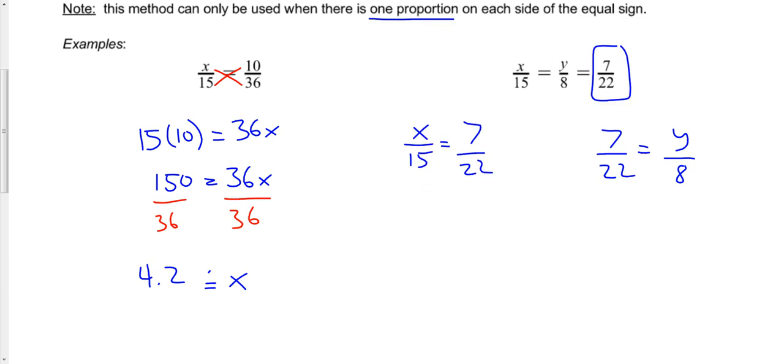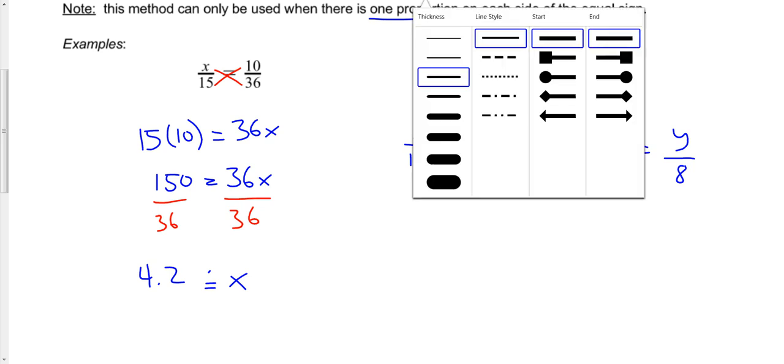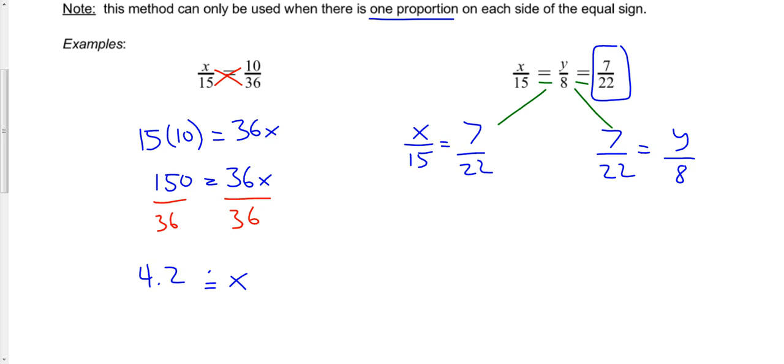Because they're all equal, we can split this into two different equations. So in order to solve, again, we're going to use cross multiplying. We're going to multiply the top value on one side with the bottom value on the other. And we're going to do that both ways. We can do it at the same time for each.